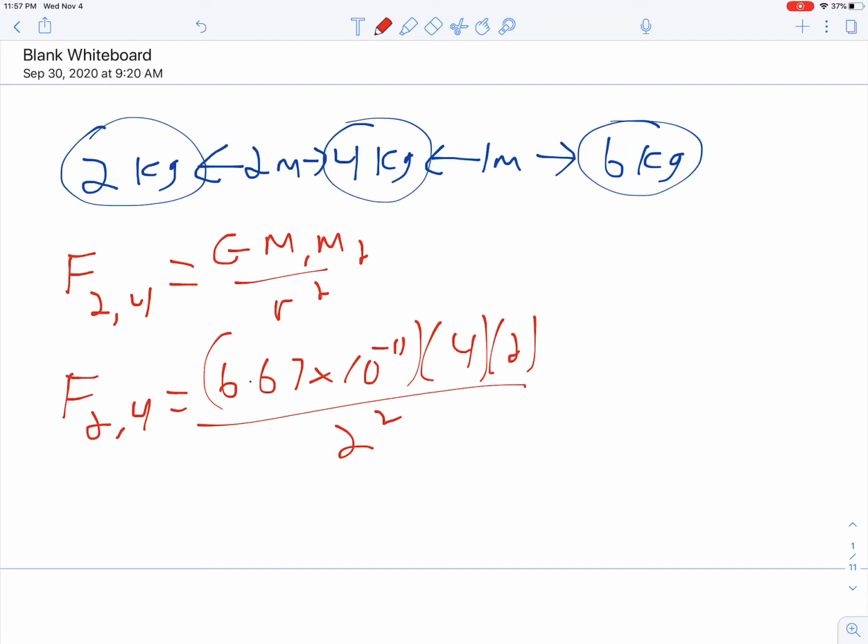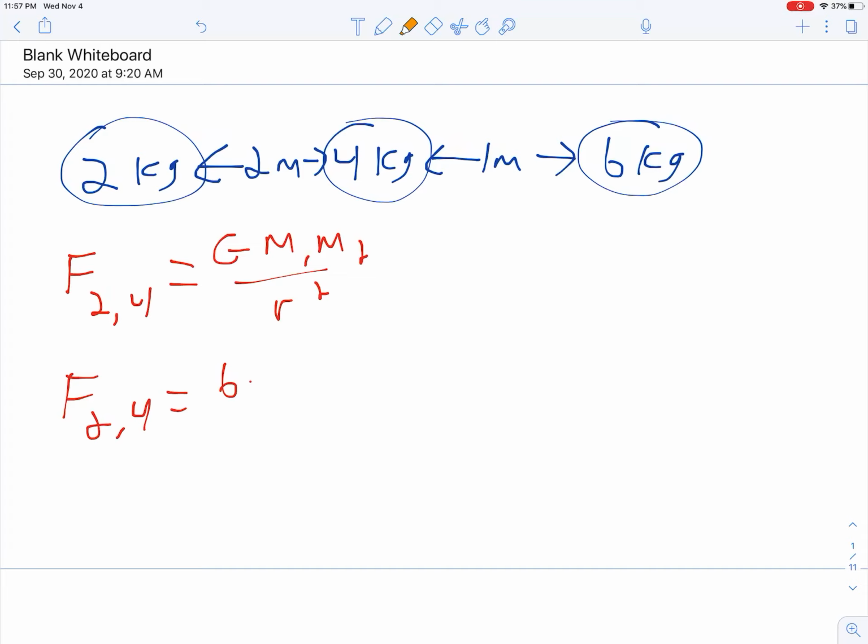However, when you do it this way, you get this scientific notation because of that right there. And there's actually an easier way to do it. Instead, we're going to back it up. I'm going to leave that as G, and plug in the rest of the numbers like that.